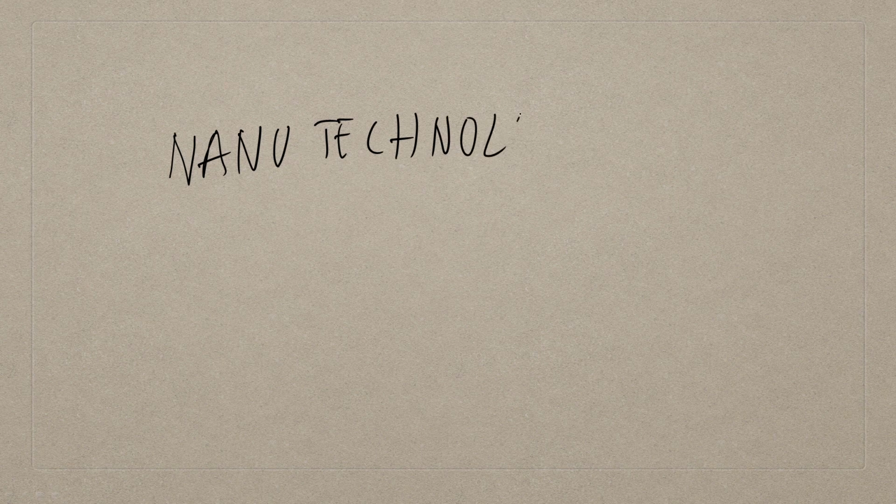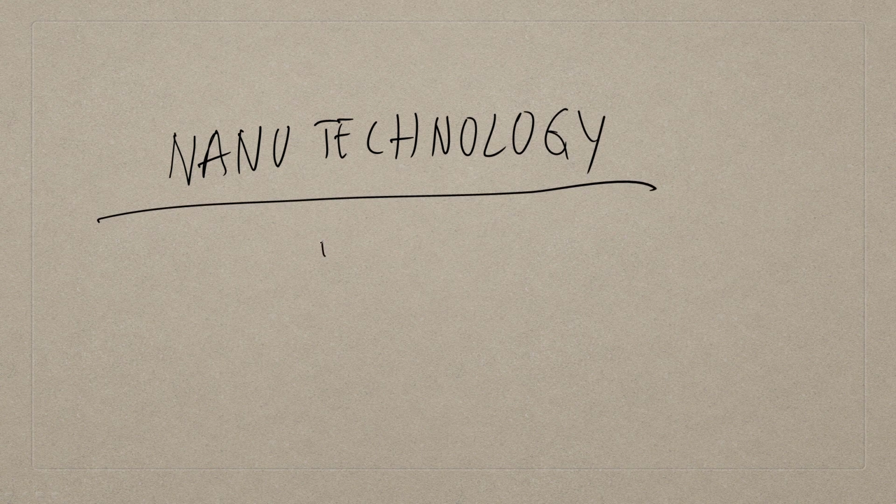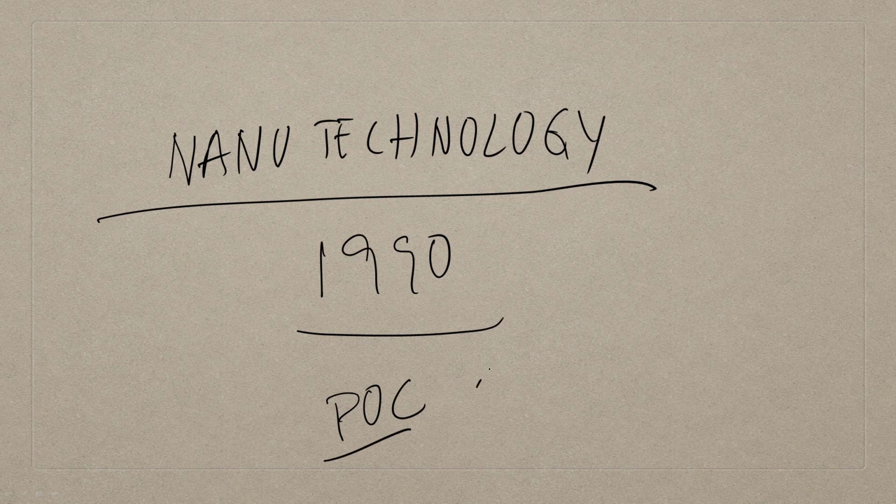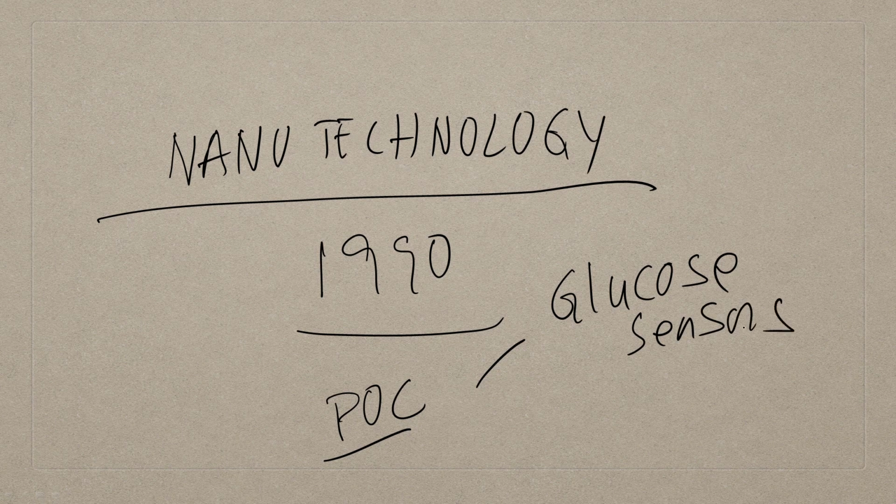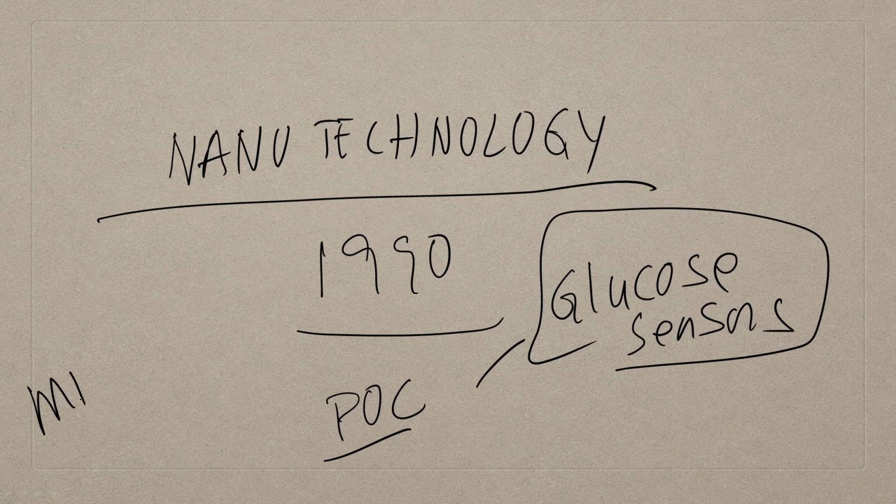And we will talk a little bit more after this, when we will talk about how nanotechnology, soon after that, this was the 90s era, got into this whole thing and how this is completely transforming things, especially when we talk about point of care glucose sensors and miniaturization.